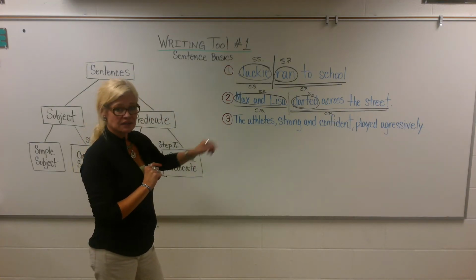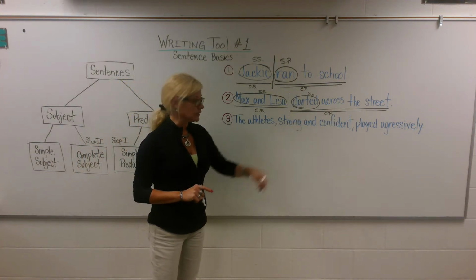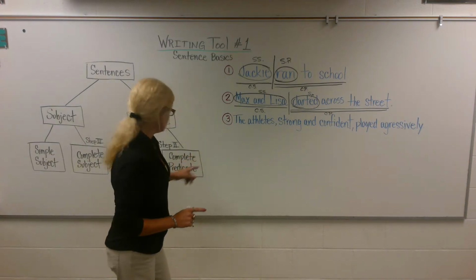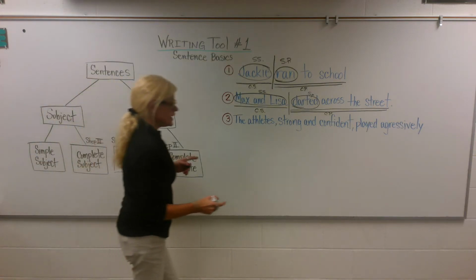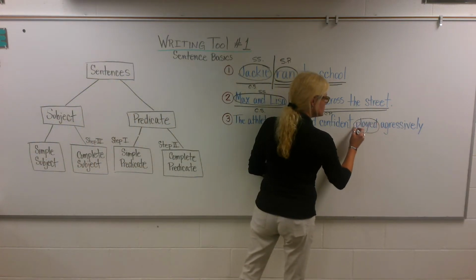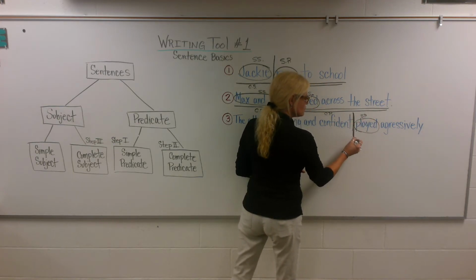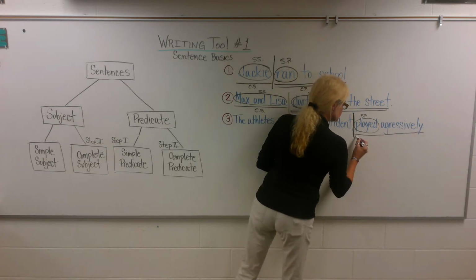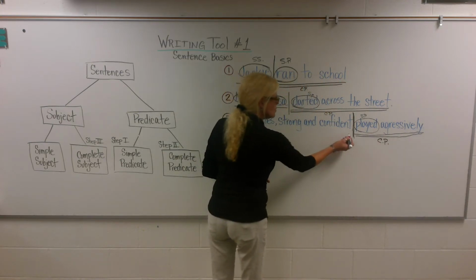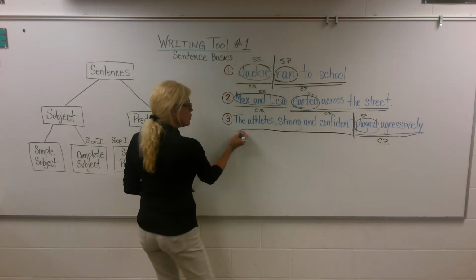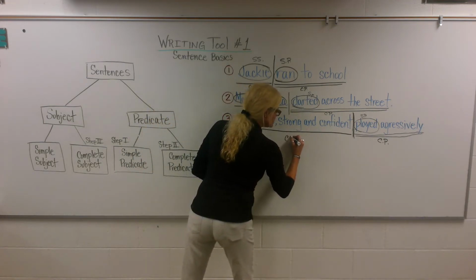But let's take a look at number 3. It's a little different. The athletes, strong and confident, played aggressively. We look at the sentence and we go to identify the simple predicate. That is the action. So what is the action in this sentence? Played. This is our simple predicate. We know to put a vertical line right in front of there, and everything after this is then the complete predicate, okay? And we know that everything that comes before is your what? Right, your complete subject.